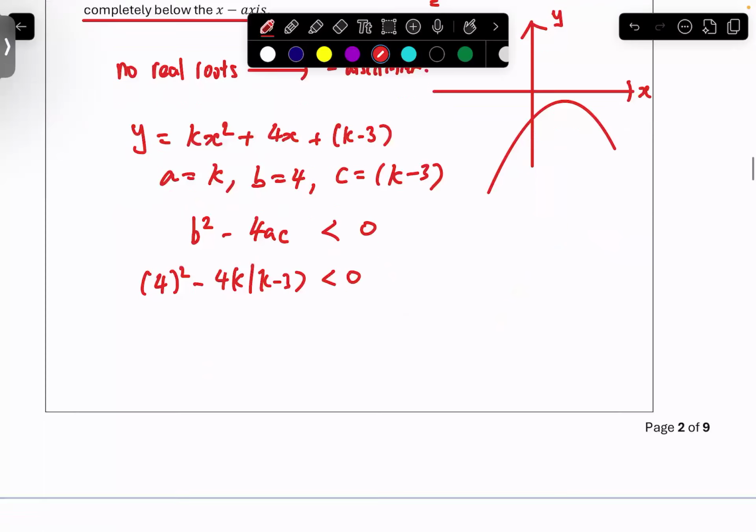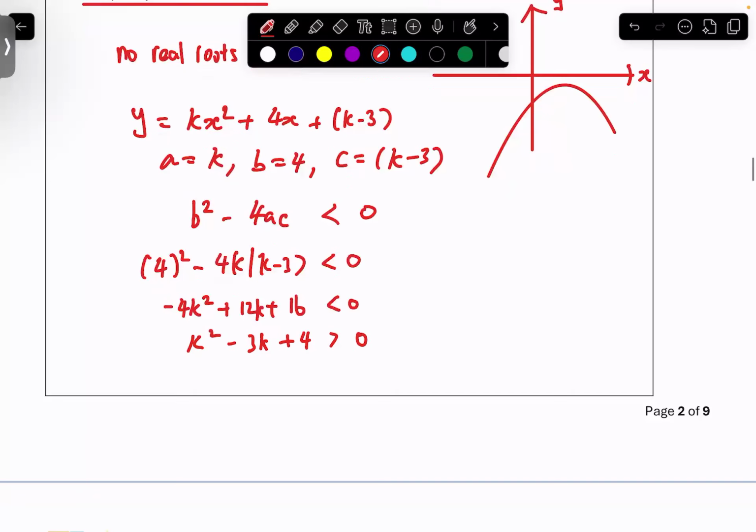Expanding, negative 4k squared plus 12k plus 16 is less than 0. So we divide by negative 4: k squared minus 3k minus 4 must be more than 0, because we changed the sign.